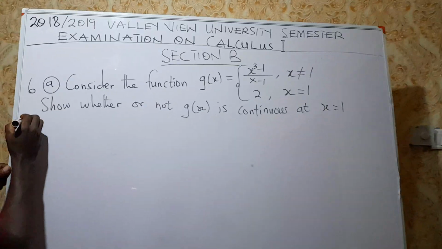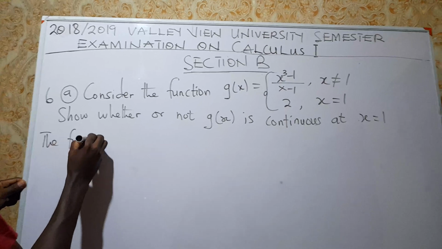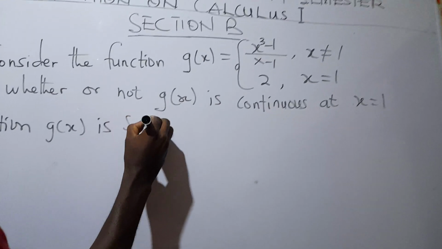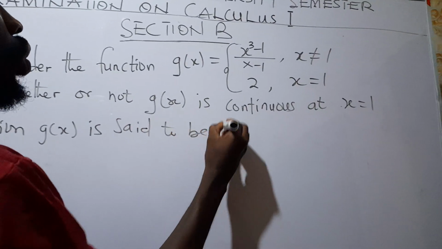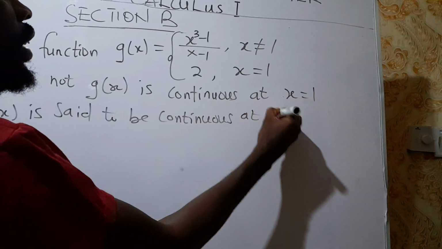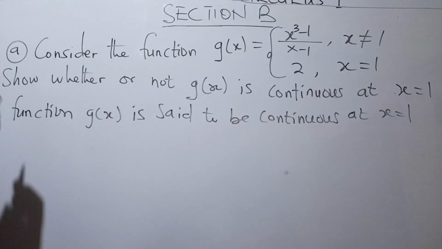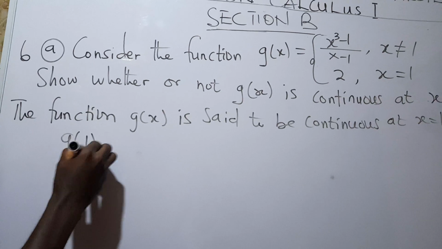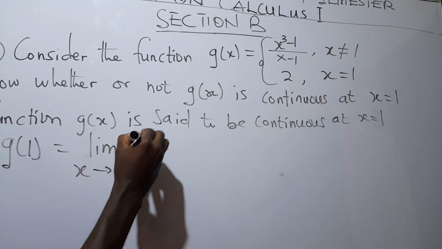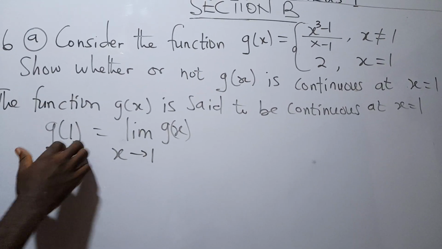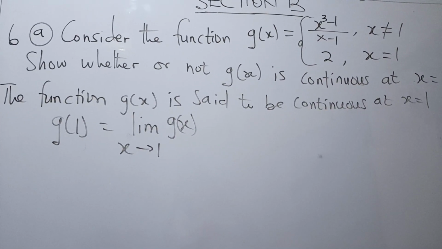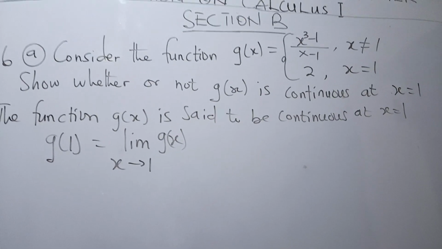We say that the function g of x is said to be continuous at x equal to 1 if and only if g of 1 is equal to the limit where x approaches 1 of g of x. So when we find this and they are equal, then we say the function is continuous at that point. If they are not, then it is discontinuous at that point, or not continuous.